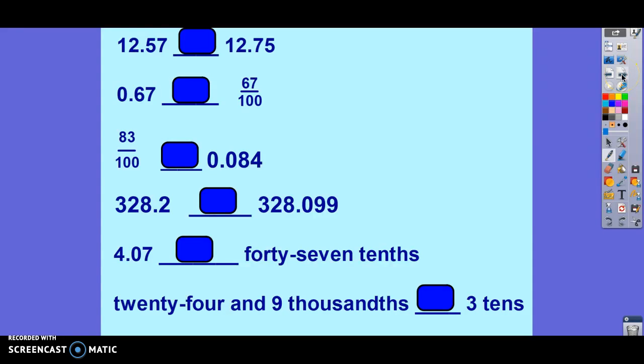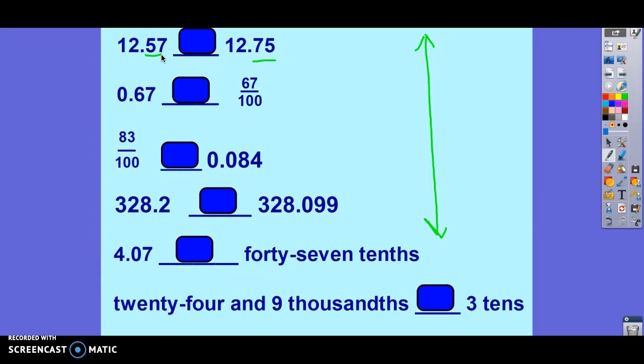Okay, let's get started. We're going to first look at some different comparisons of decimals to see where they would fall on a vertical number line. So 12 and 57 hundredths compared to 12 and 75 hundredths.